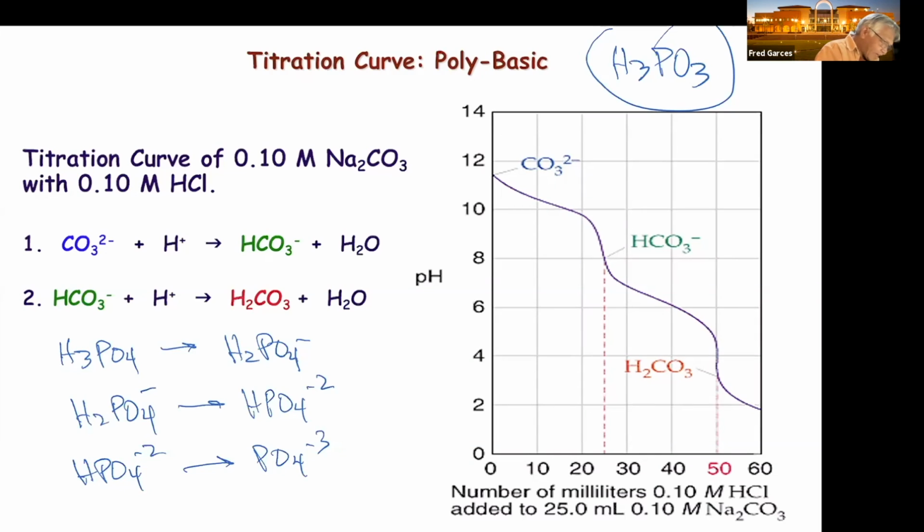So if we have PO4 3-, then PO4 3- can generate hydroxide via water to produce HPO4 2-. And that can generate hydroxide to form H2PO4 minus, and that could form H3PO4.